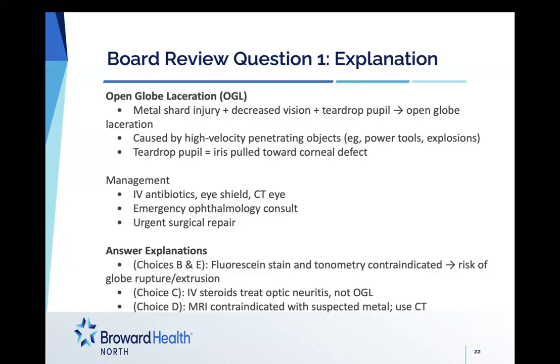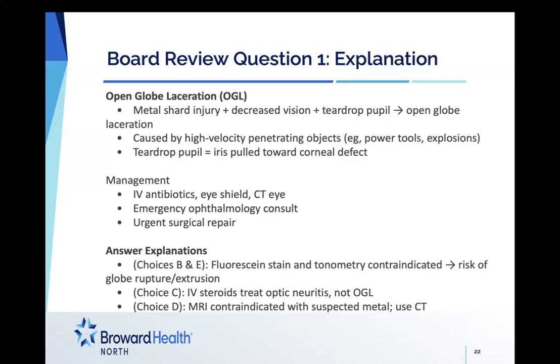The teardrop pupil is formed from the iris being pulled toward the direction of the defect. So management includes IV antibiotics, an eye shield to protect the eye, and doing a CT scan of the eye. And obviously, you want to consult ophthalmology and get the patient in for surgical repair urgently.